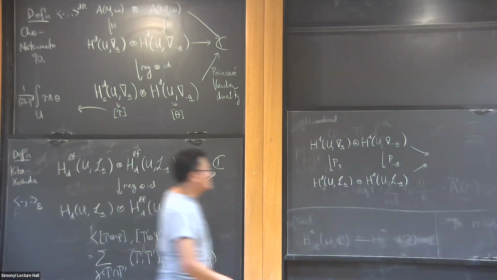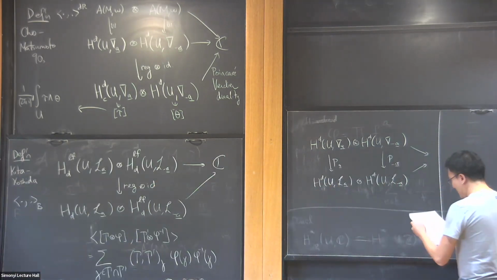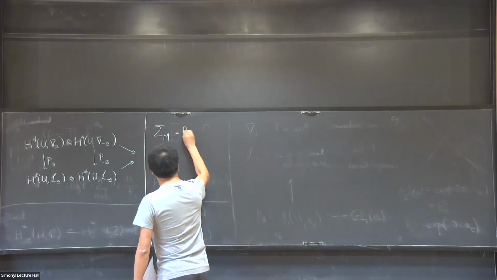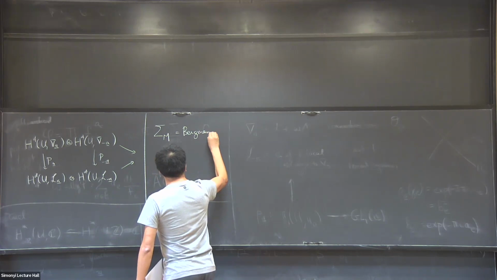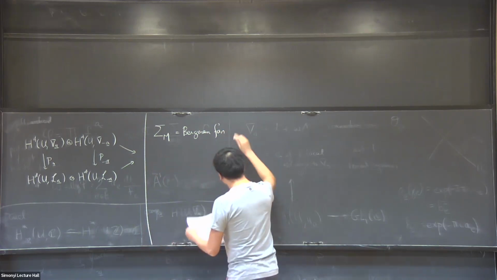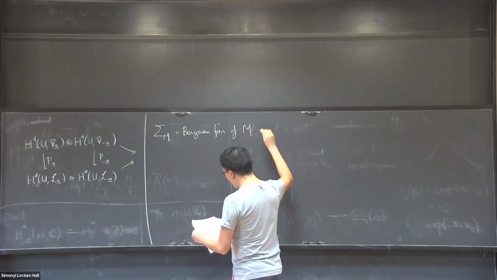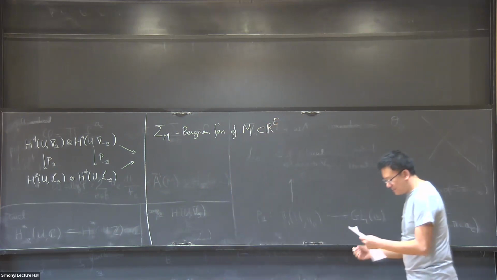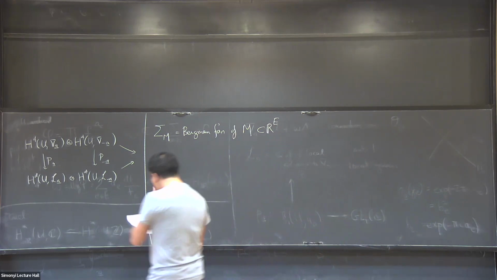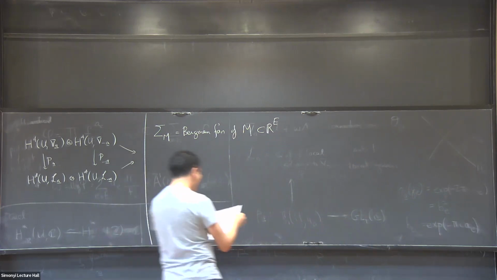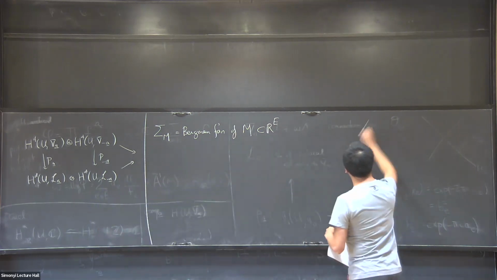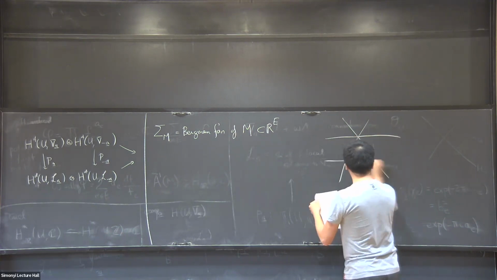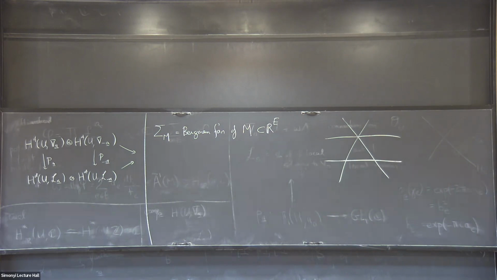Okay, so I'm going to try to tell you what the answer is in terms of this thing. The Bergman fan of the matroid, sitting inside B. So first of all, I need a little bit of terminology.